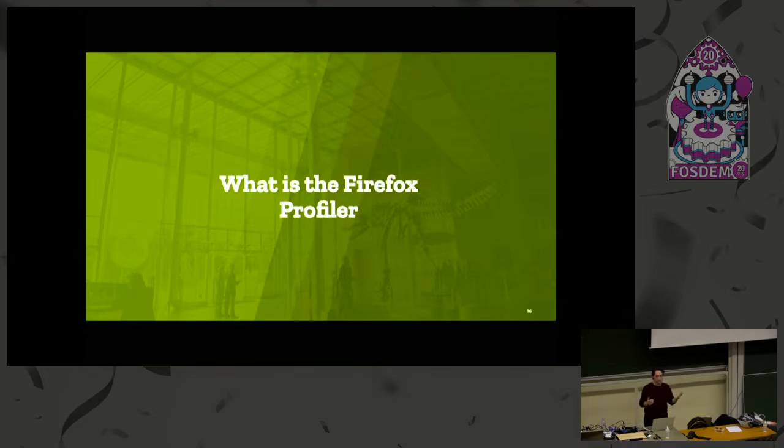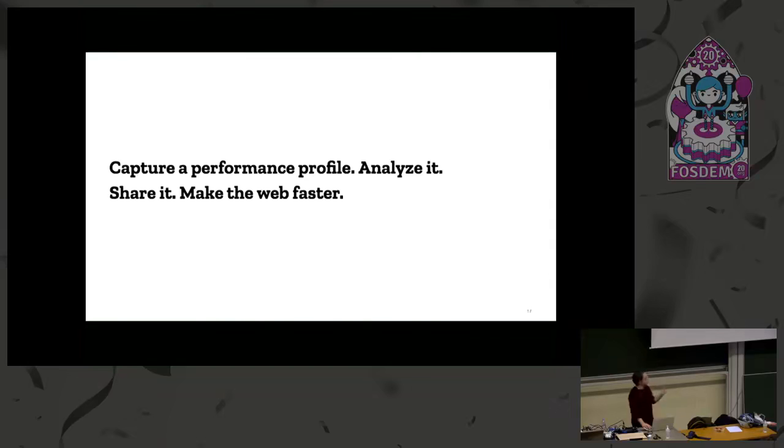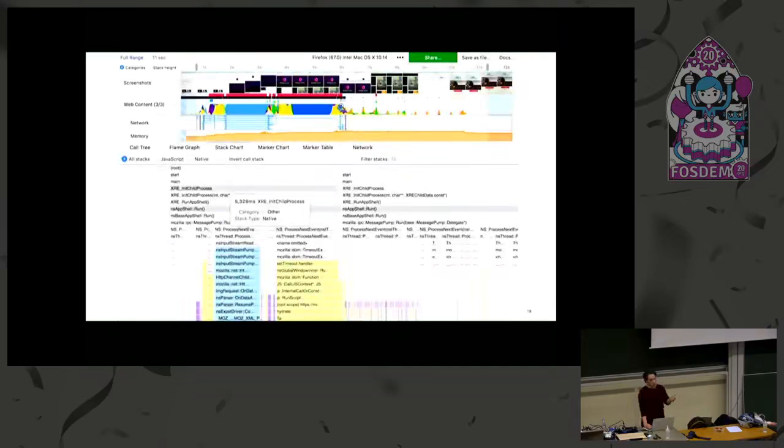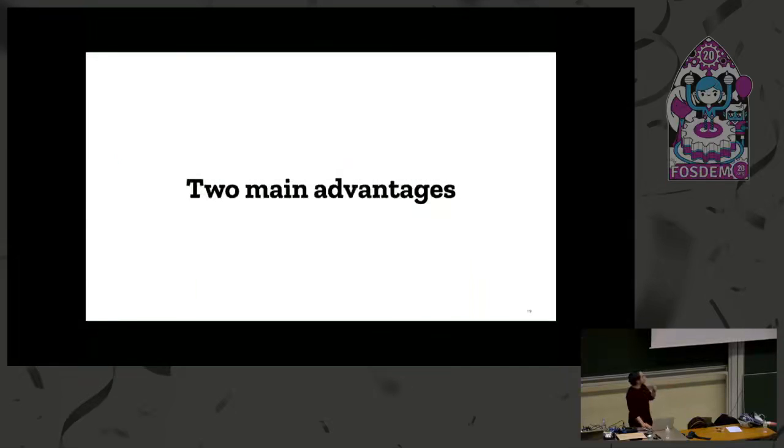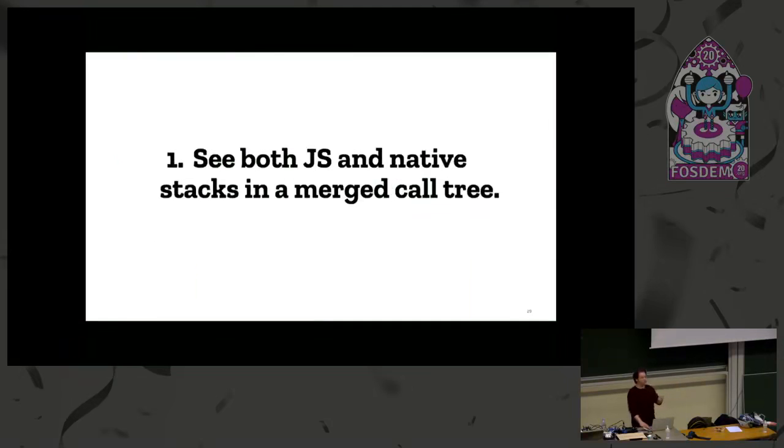But what is the Firefox Profiler then? The motto of the Firefox Profiler is: capture a performance profile, analyze it, share it, and make the web faster. So this is again the same one, but there are two main advantages of Firefox Profiler. The first one is you can see both JavaScript and the native call stack in a single call tree.